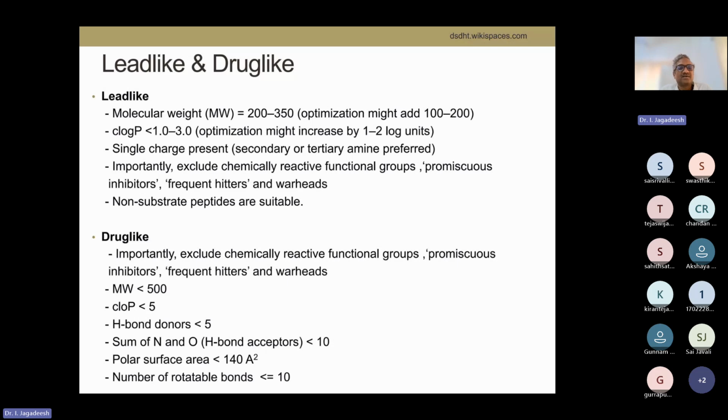They are going to cause toxicity, so we need to exclude reactive compounds, such as those with free radical-like structures, because they are chain initiators and also cause carcinogenicity. Such reactive chemicals we need to drop right now, in the leads also. Non-substrate peptides are also suitable.